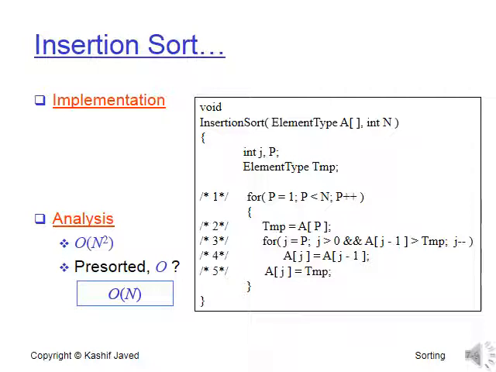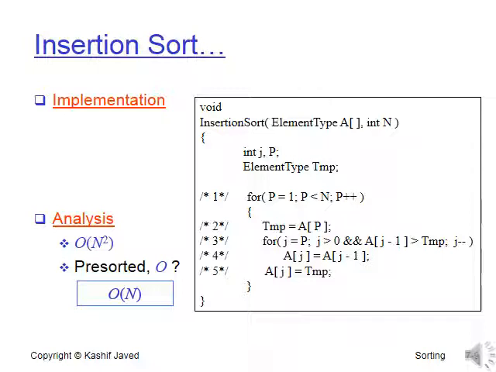Next, you have for loop where p is initialized equals to 1, then single increment up till less than number of elements in the array. Since you will be swapping the elements, you assign the element of index p, which is array A index p, to temp.